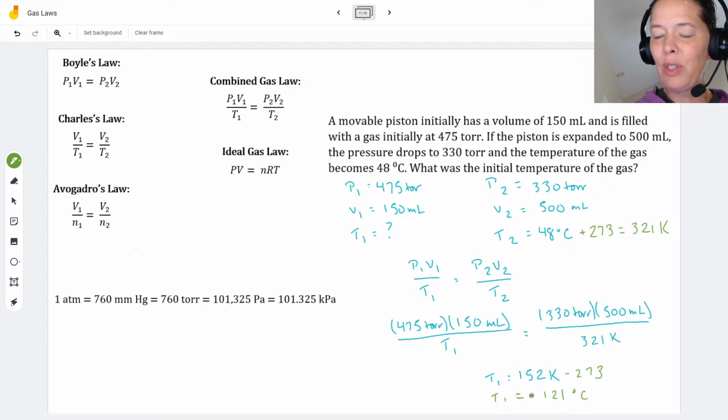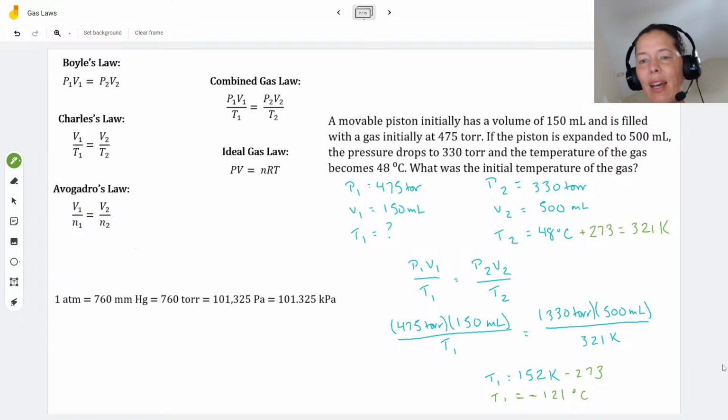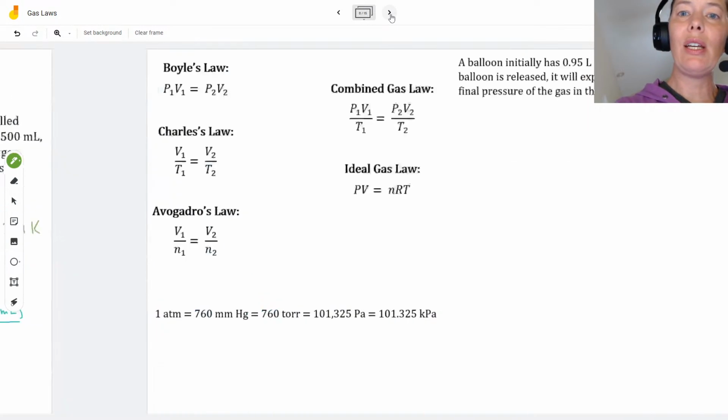Oops, that's equals, and that is a negative. This problem didn't specifically ask for Celsius, but I thought I would just go ahead and throw it in there anyway. All right, before we move on, make sure there are no questions, and we don't have any questions.